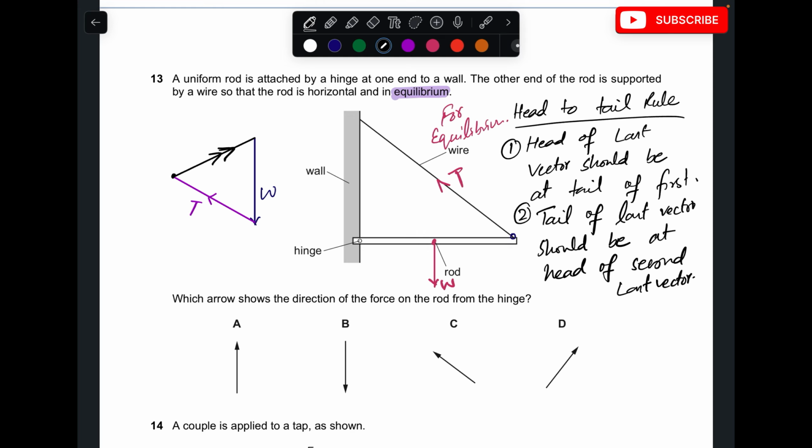So this is the third vector. Third vector should be like this. Then where the head of the last is, the tail of the first is starting from there, and their resultant vector will be equal to 0 in that condition. So if you see, this is not the option, this is not the option, this is not the option, that is option D. Okay.